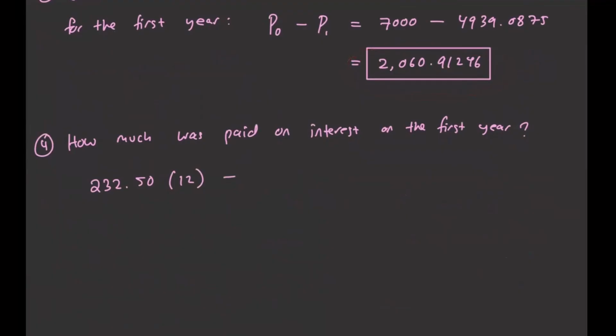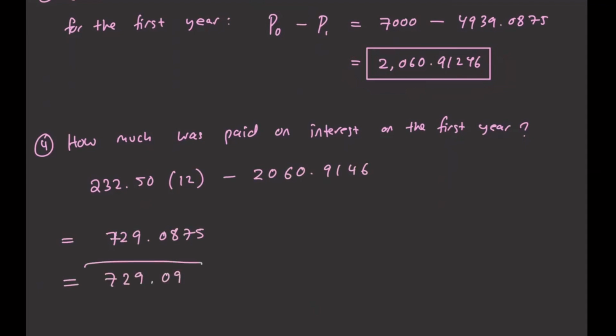So that's 2060.9146. And then if you do this, you're going to get a number of 729.0875. In other words, you can round this to the nearest cent, 729.09. So this is how much was paid on interest on the first year.